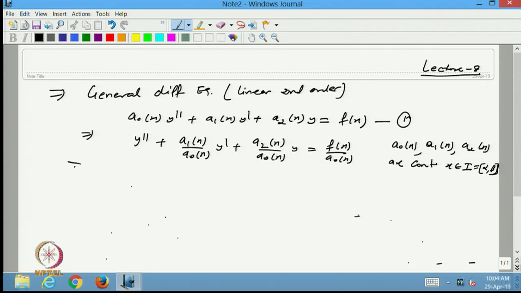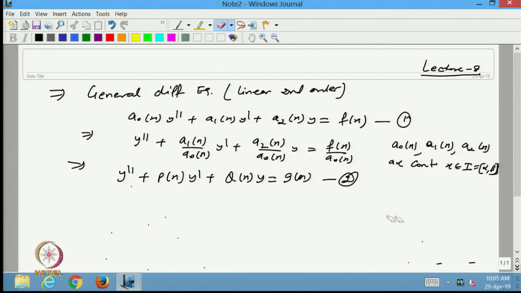Then we can further write this equation as y double dash plus some function p x y dash plus q x y is equal to some g x. So, this equation is in the standard form.